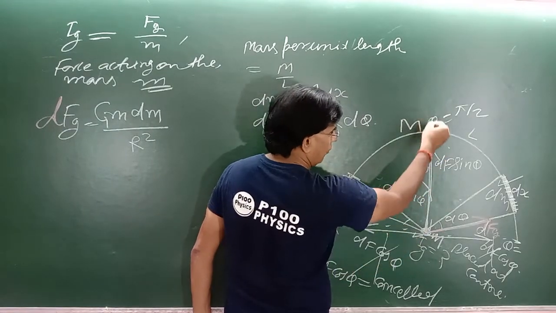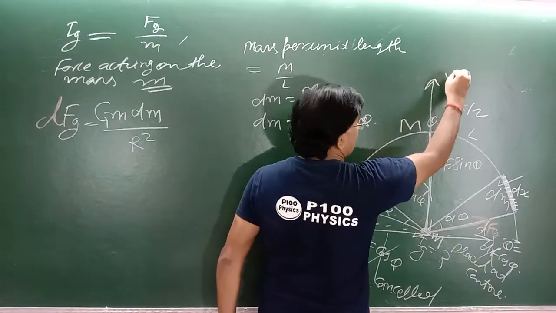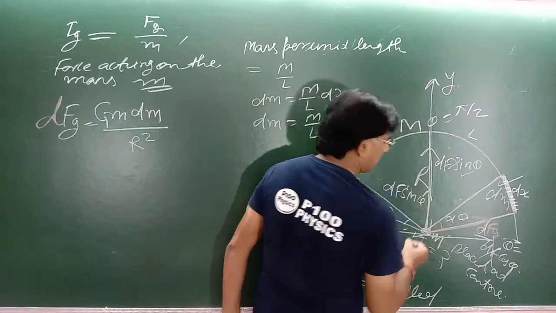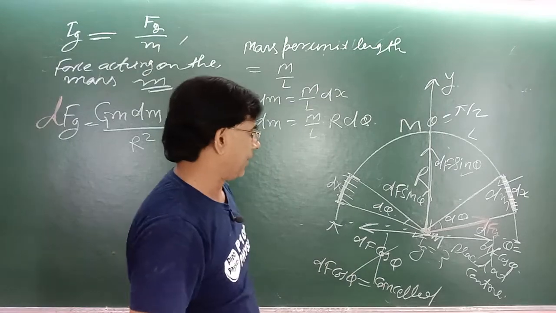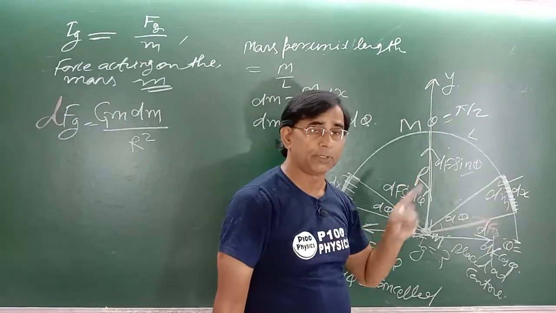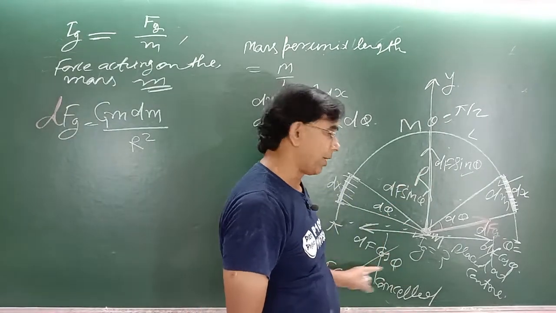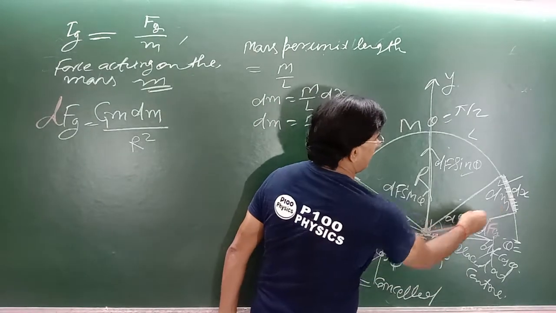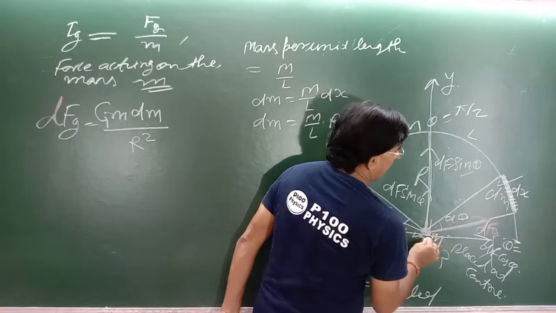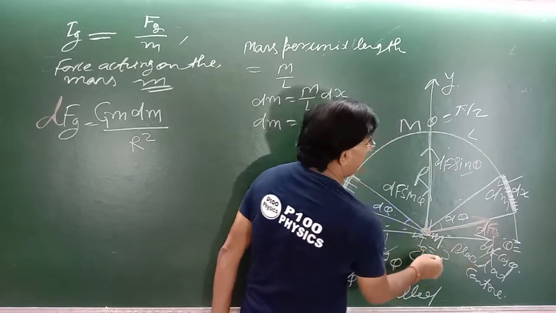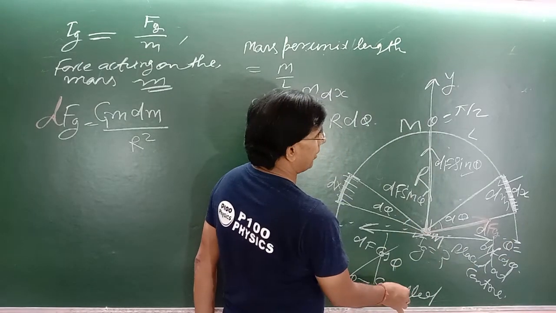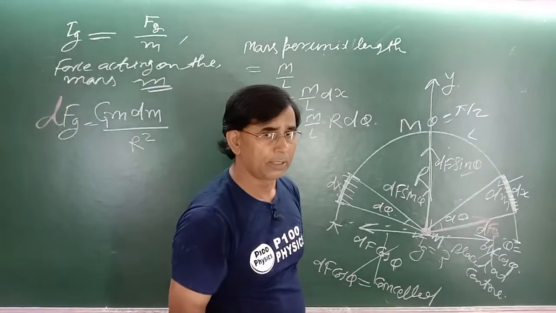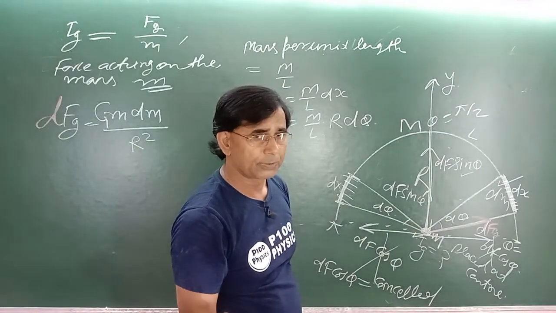Therefore, along the y-axis, df sin theta will be the sum. The net force will be df sin theta plus df sin theta, meaning 2 df sin theta. But along the horizontal direction, consider the component of this force df. Then df cos theta will be the horizontal component and df sin theta the vertical component, because in front of the angle there will be sine, on the base there will be cos.